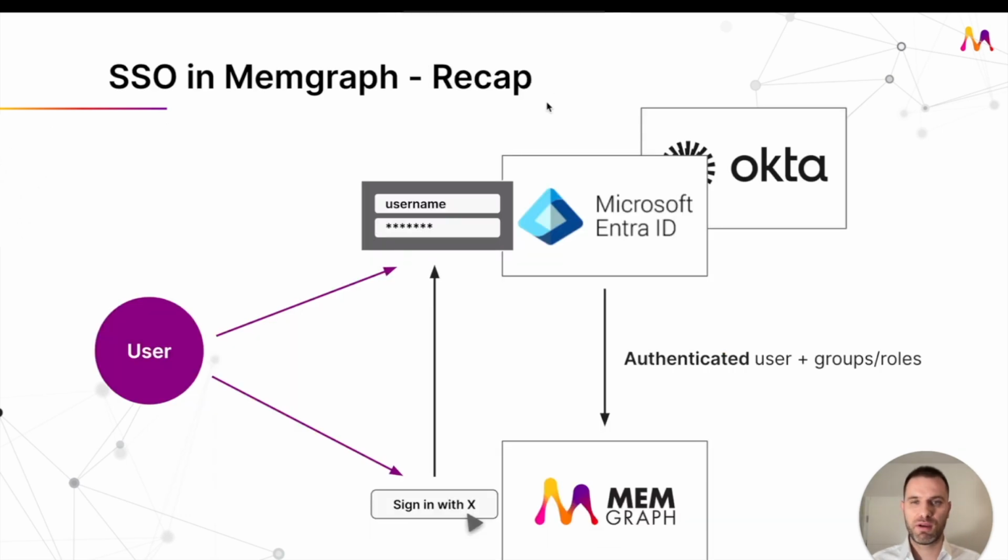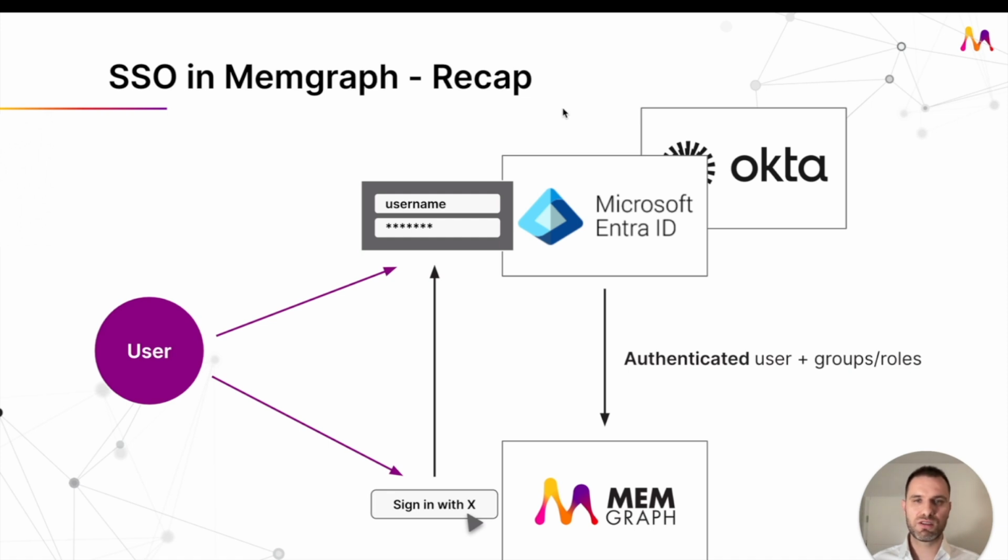To recap, here is what the high-level SSO workflow looks like with Memgraph integrated with Microsoft Entra ID or Okta. There is no longer a need to create individual users in Memgraph or manually assign roles. Instead, all your users and roles are centralized within your identity provider.